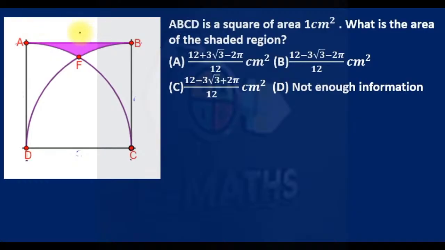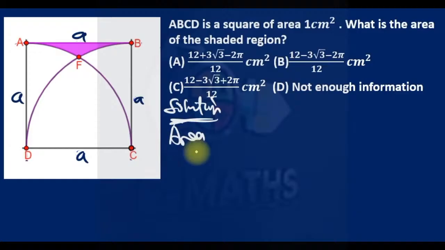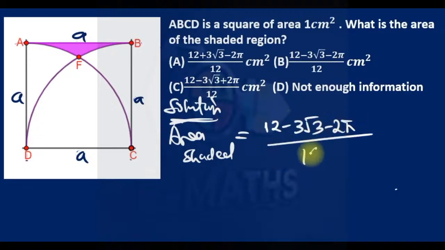So if you have a square of side A and we're asked to find the area of this shaded region, the formula is always area shaded is 3 root 3 minus 2 pi over 12 times a squared, where a is the side.